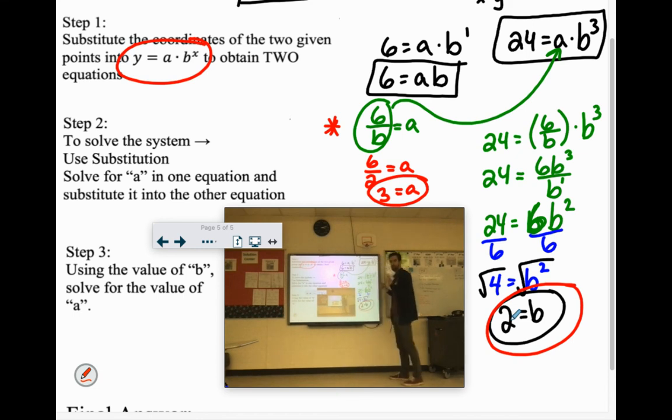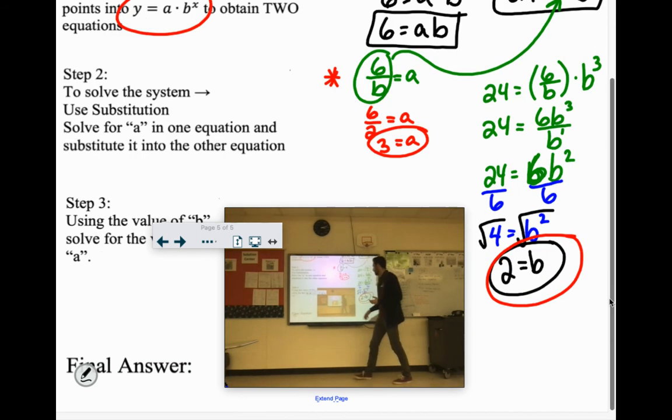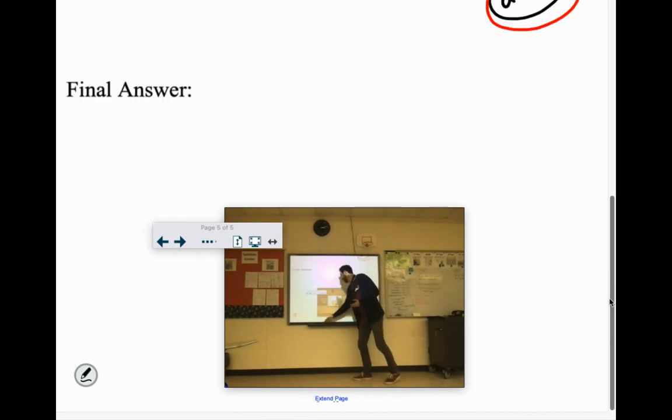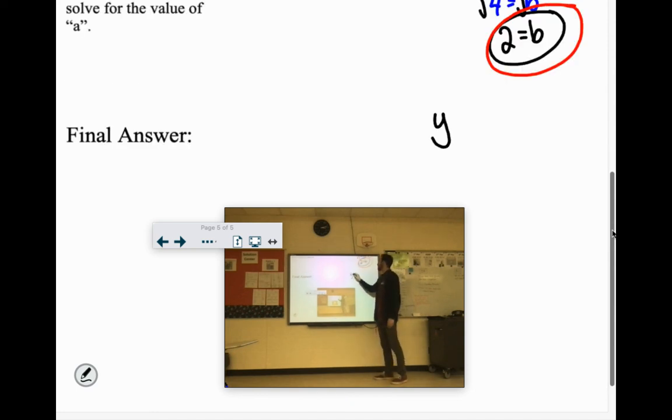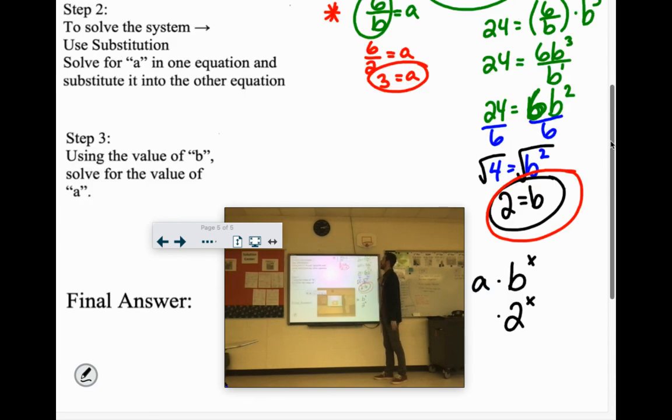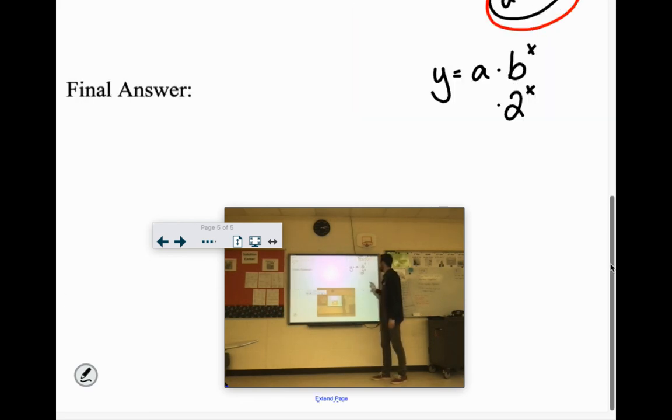We're not going to put in the y or the x. We're going to leave the variables. So let's write our final equation here. So the skeleton for it is a times b to the x power. Well, we know that b is 2, so it'd be times 2 to the x power. And the a, we came up with 3. So y equals 3 times 2 to the x power.